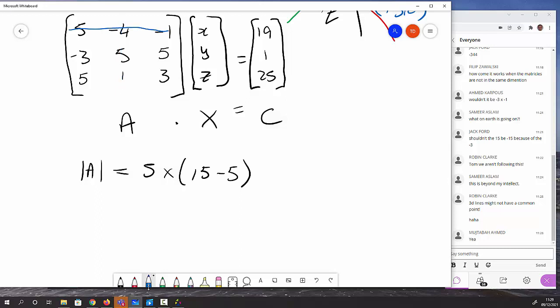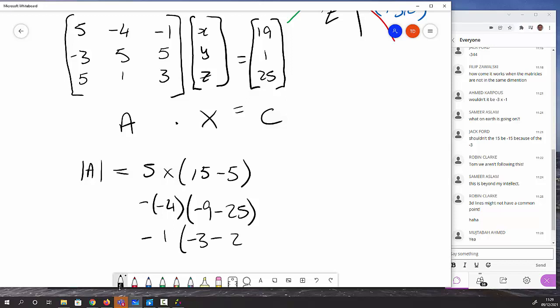Remember the plus minuses, I'm going to get minus brackets minus 4, times minus 3 times 3, so that's minus 9, and then minus 5 times 5, which is minus 25. And then for the final one, that is minus 1, times minus 3 times 1, which is minus 3, and minus 5 times 5, which is minus 25.